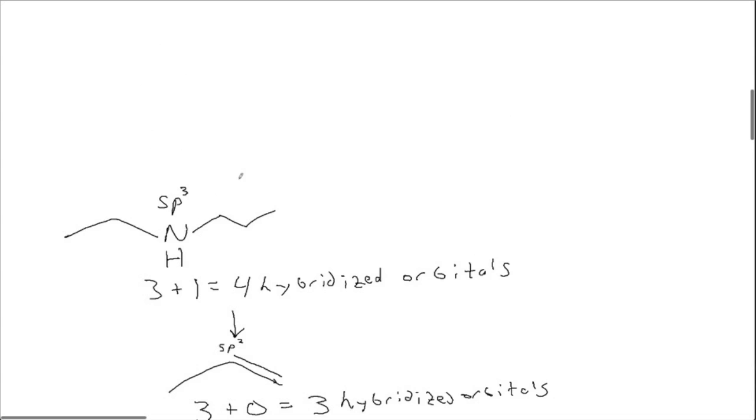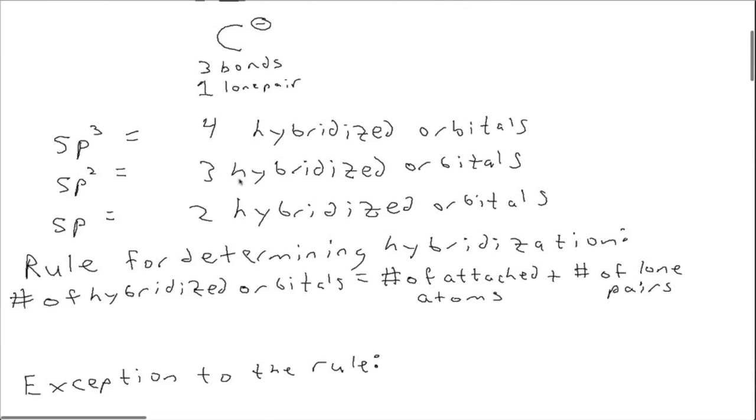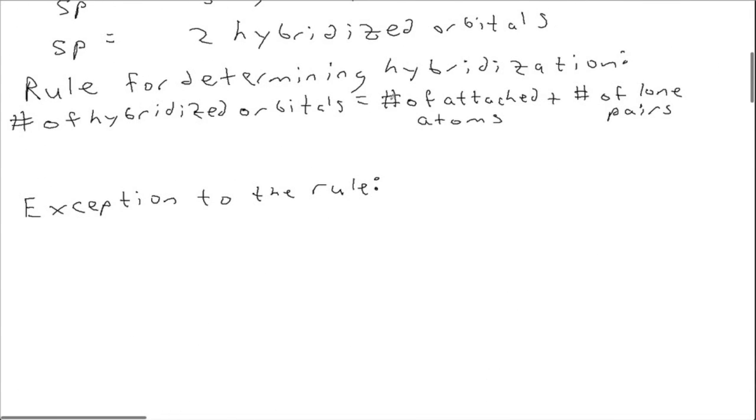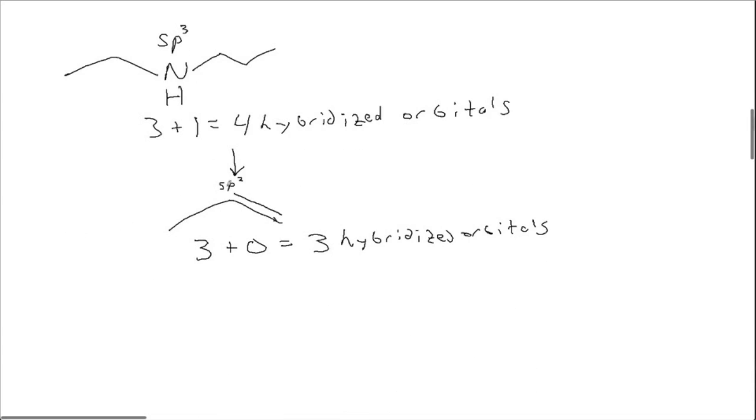Now, notice in our rule here, the key thing is we're not counting the bonds. We're counting the attached atoms. You can see why that's important here. This carbon has 4 bonds: 1 bond to carbon, 1 bond to the hidden hydrogen, and 2 bonds to this carbon.